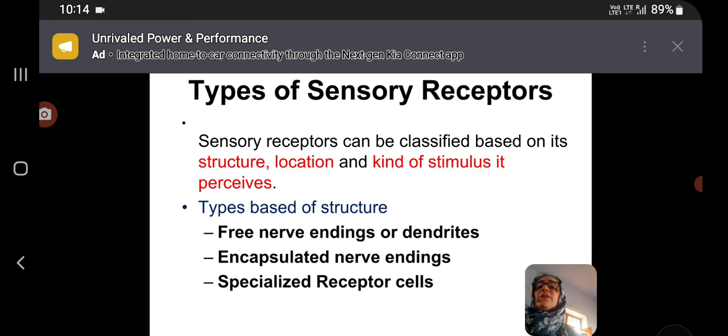Free nerve endings are unmyelinated neurons spread like a thread and encompassed inside the tissue. They receive the signals from the environment through the skin epidermis and hypodermis.